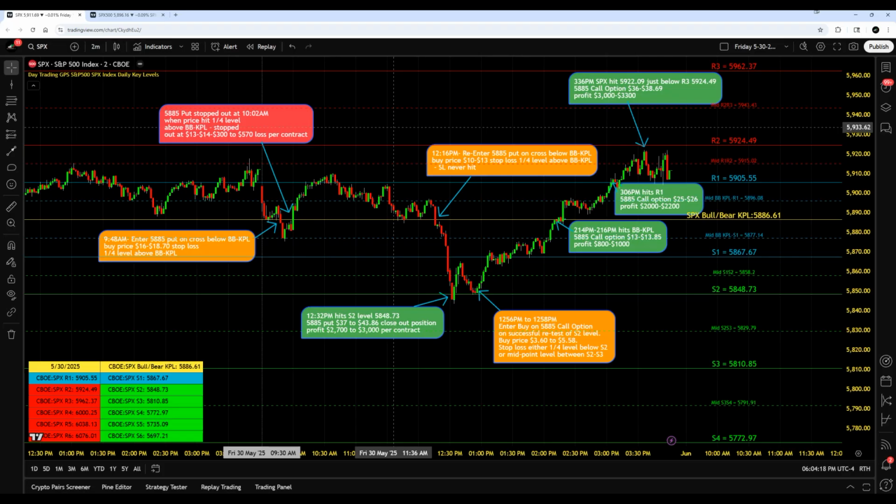So just getting into it here. Again, this is a 2-minute chart. Obviously, you could use a different chart. I would recommend something between 1 minute and 5 minute, at least for the purposes of just puts and calls or straddles.